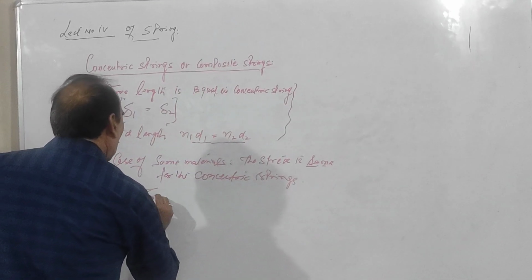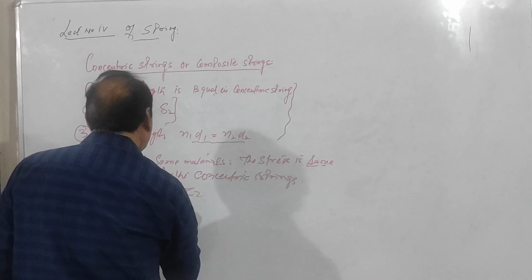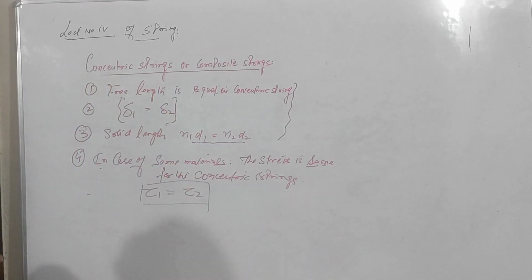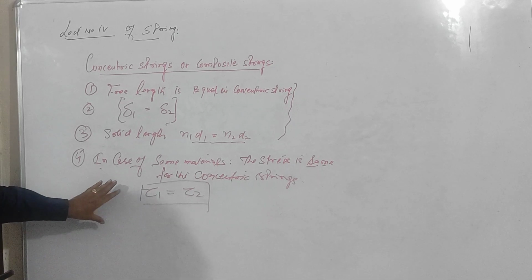Or you can say tau 1 is equal to tau 2. अगर हम सेम मटेरियल यूज करते हैं तो आपका जो tau 1 है this is equal to tau 2.